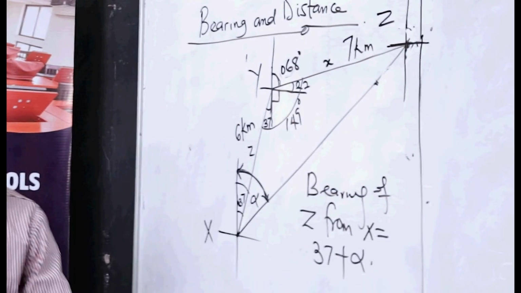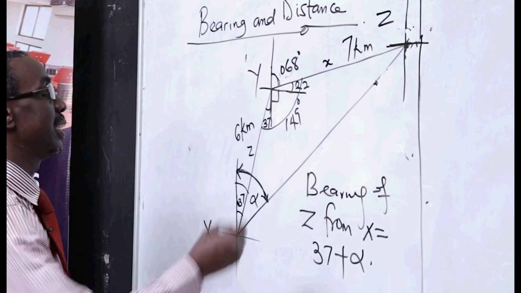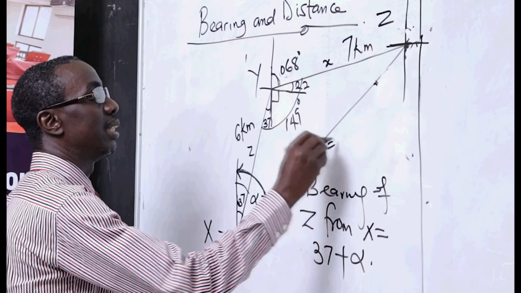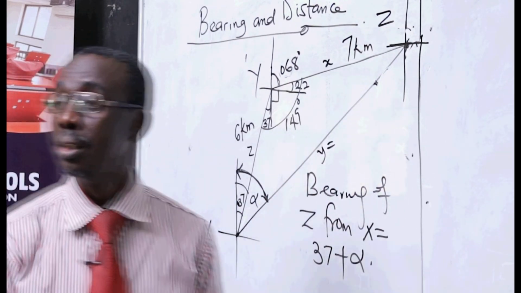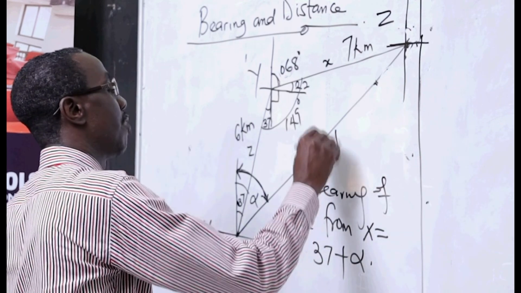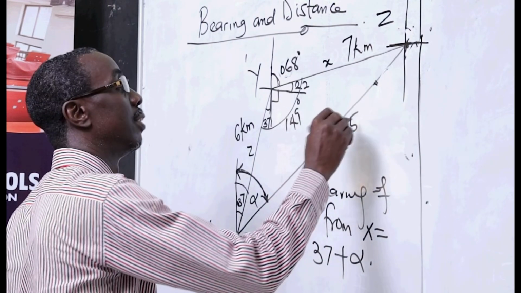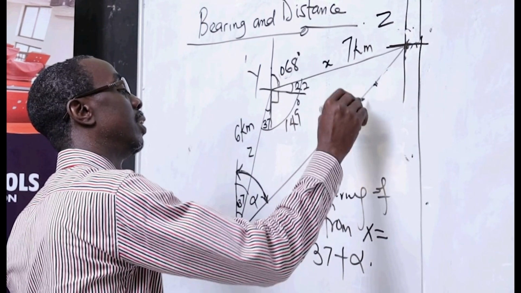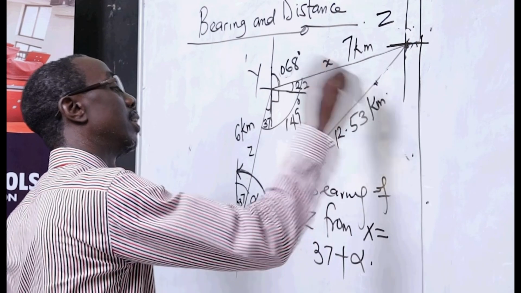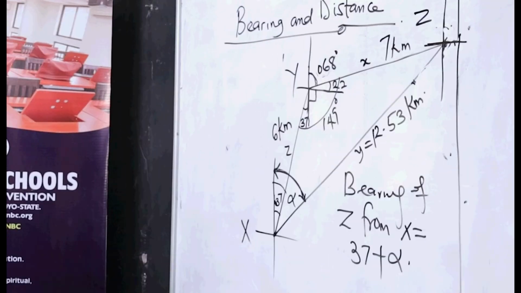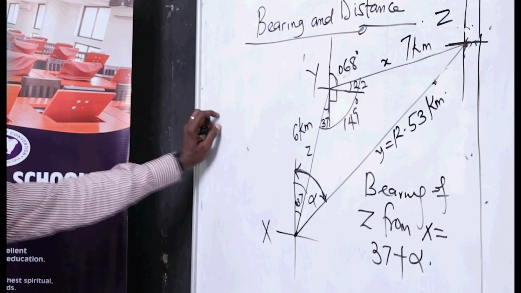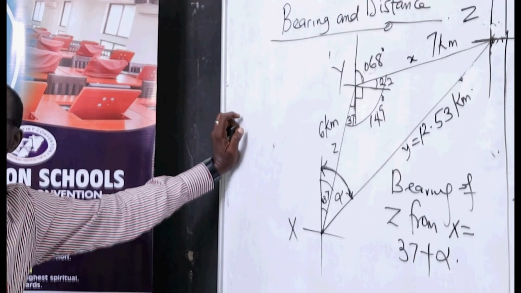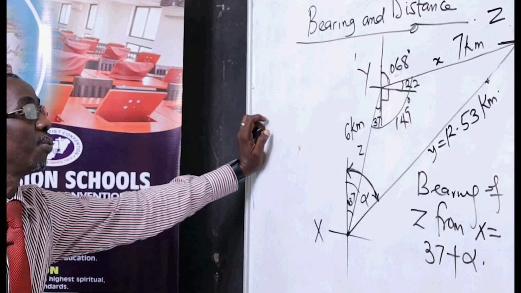This will take us to another application because already the value of y here is what? Someone? 12.5. Yes, 12.53 kilometer. Okay, if it is 12.5 kilometer, I can look at that diagram now with the information of y.